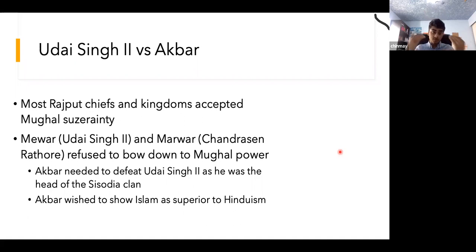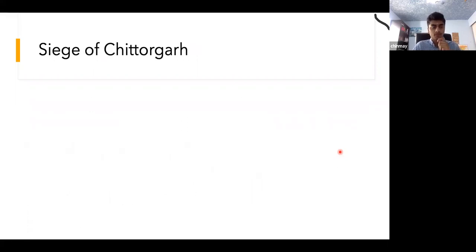The Rajputs were these incredible, fabled warriors, these Hindu champions. Defeating them would be a great way to show Islam as superior to Hinduism. So that was one reason why Akbar wanted to force the Rajputs to bow down to Mughal power, particularly Mewar and Marwar. So this led to the eventual siege of Chittorgarh.